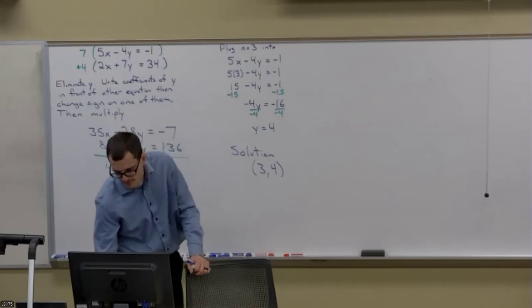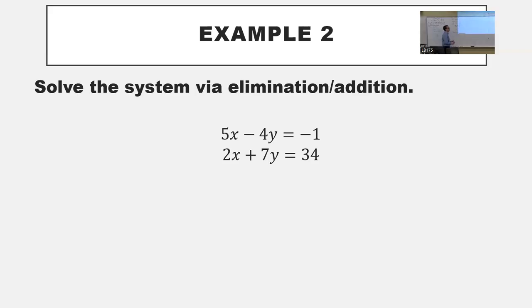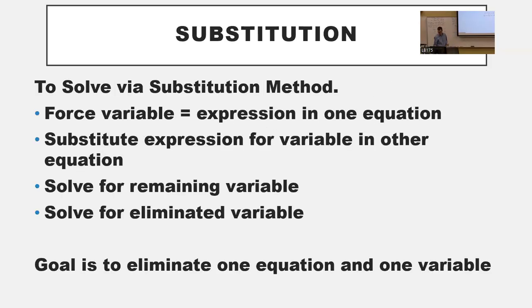But for right now, I'm only going to do one example of each of those 3 methods: the graphing, the elimination, and the substitution method. So that brings us to our last method, which is substitution.